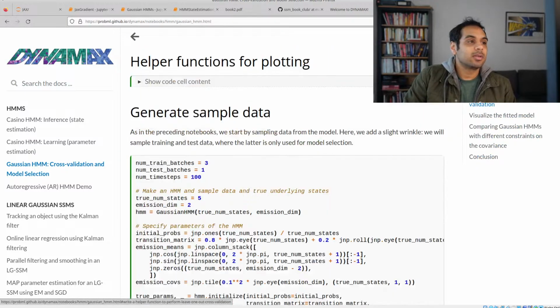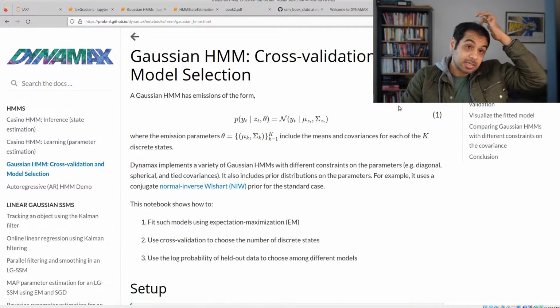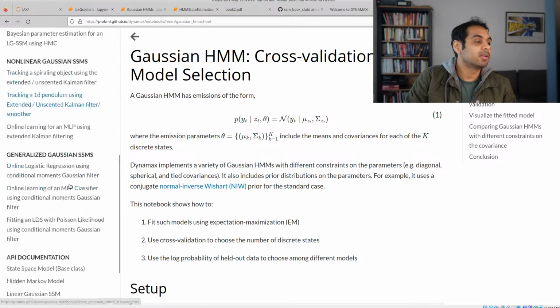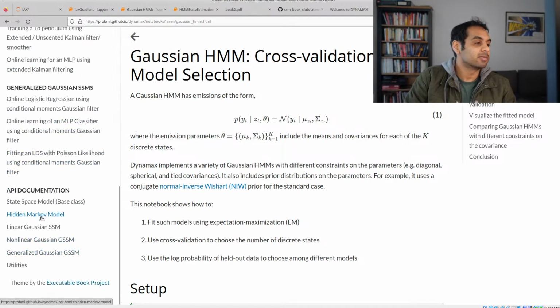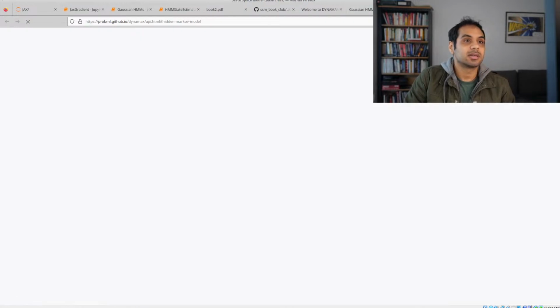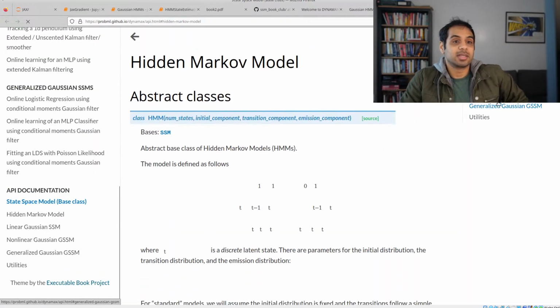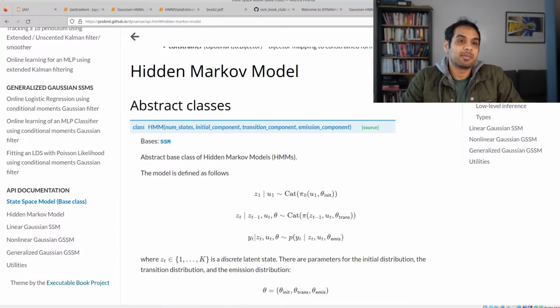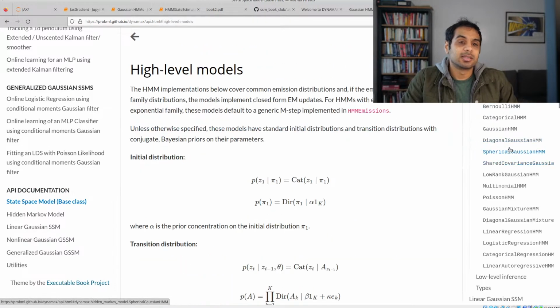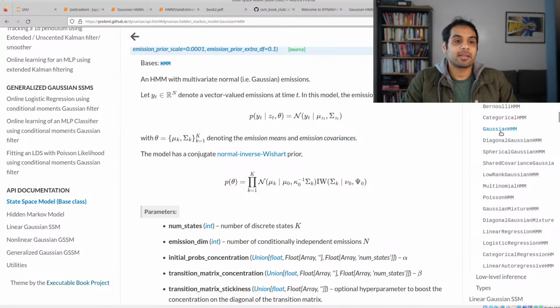What I wanted to show you when we talk about Gaussian HMMs is that there is not just one type. If you look at the Dynamax doc, there are a number of different types. In these hidden Markov models, there are a lot of HMMs implemented, which makes me really happy with this library. We have the regular Gaussian HMM, which has a covariance and everything like that.